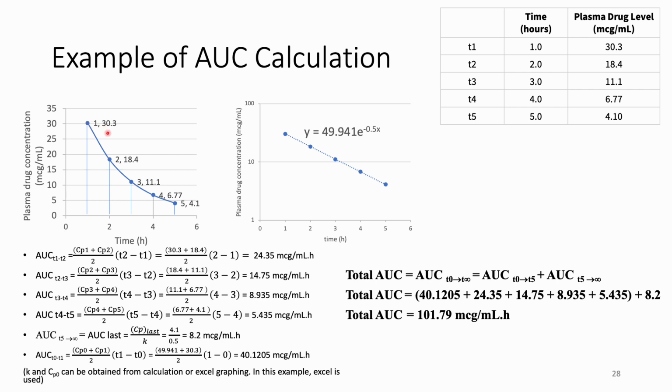The plasma concentration at time one is 30.3 micrograms per milliliter. At the time point T2, equal to 2 half-lives, the plasma drug concentration is 18.4. So for the zero order, to calculate step by step, first you plot the graph. And you see the elimination on rectangular coordinates is a negative slope; converted into semilogarithmic, you have a straight line.